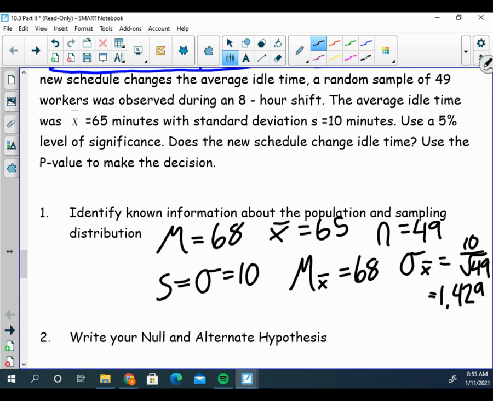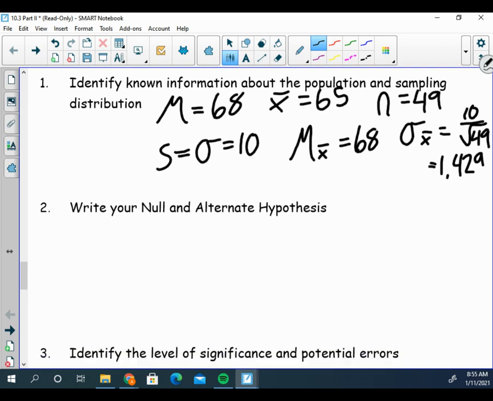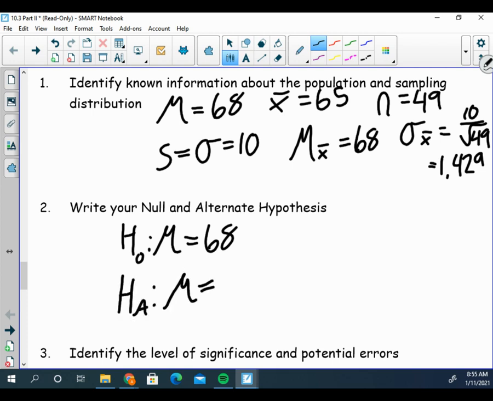Null and alternate hypothesis. What we're looking at here, 68, right? We assume the new schedule hasn't affected anything. New schedule doesn't really impact the amount that the workers are standing around. Your alternate, it's not equal to 68.